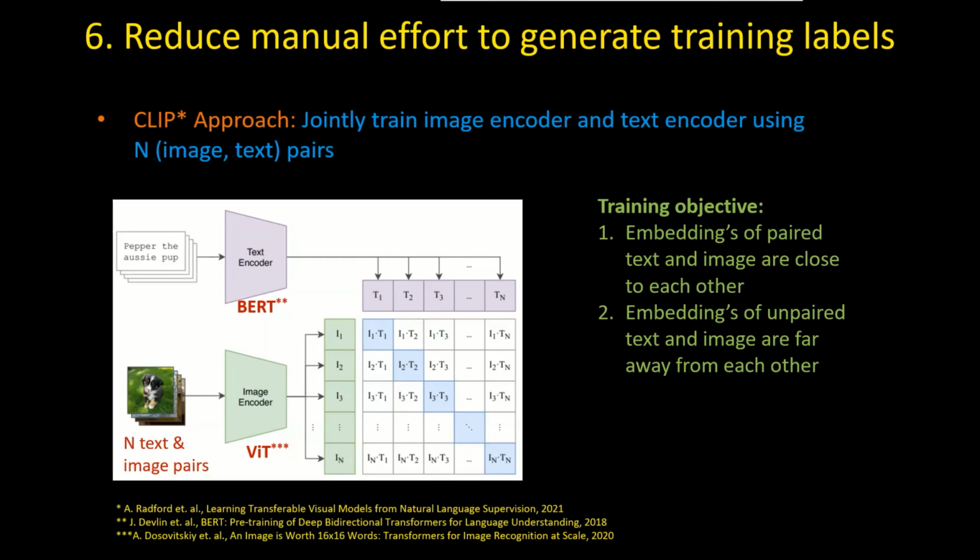So essentially, embeddings of paired text and images are brought close together by maximizing their cosine similarity, while embeddings of unpaired text and images are pushed away from each other by minimizing the cosine similarity.